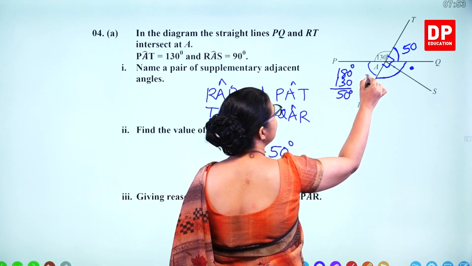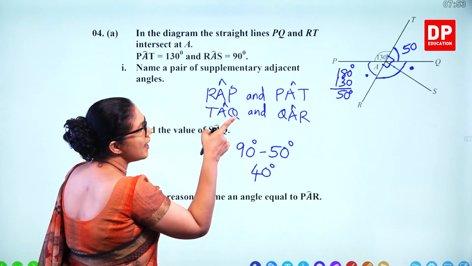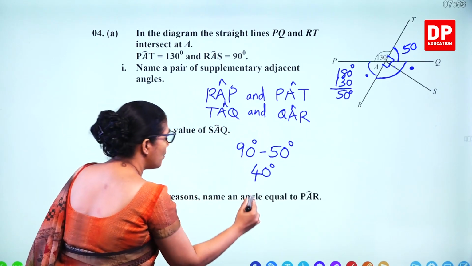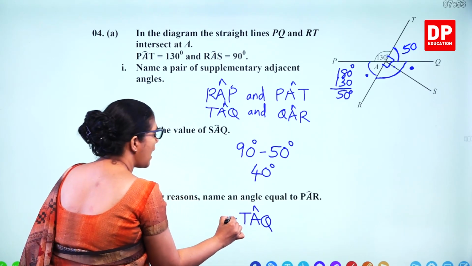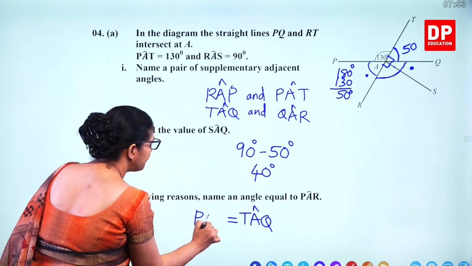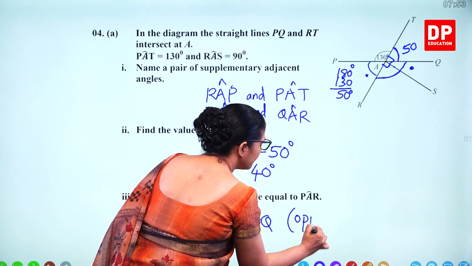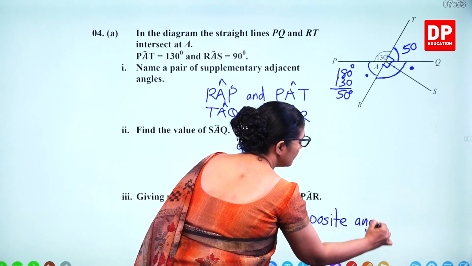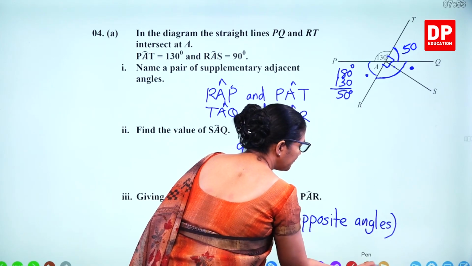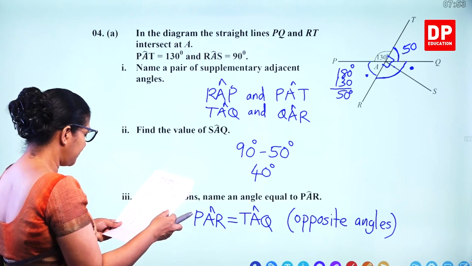Giving reasons, name an angle equal to PAR. This angle. We found that. We took that angle is equal to TAQ. What's the reason? Opposite angles are equal. Now see how many marks?